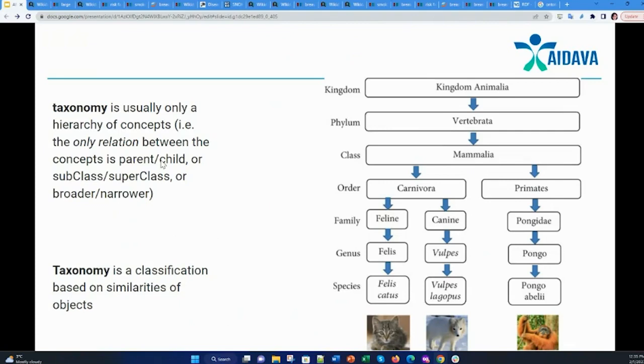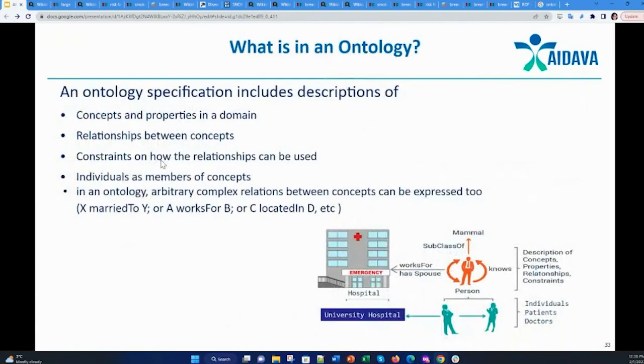or broader and narrower. And the most advanced version of concept organization is an ontology, where concepts and properties in the domain are presented in various types of relationships. For instance, in case we have a hospital, which is one concept, and we have a person, which is another concept.